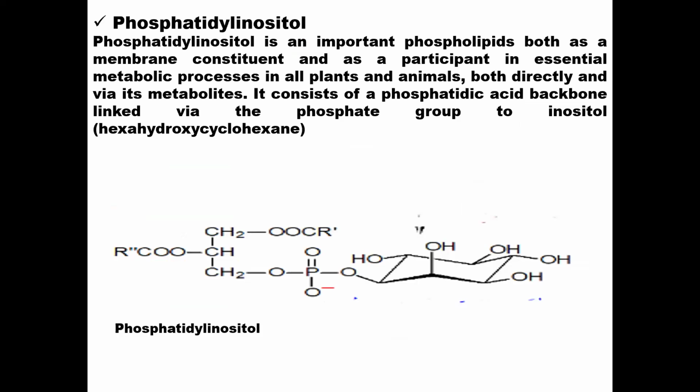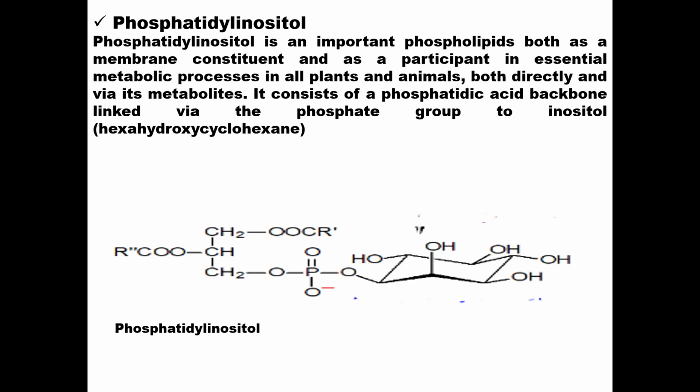So the next class of glycerophospholipid is phosphatidylinositol, which is an important phospholipid, both as a membrane constituent and as a participant in essential metabolic processes in all plants and animals, both directly and indirectly via its metabolites.